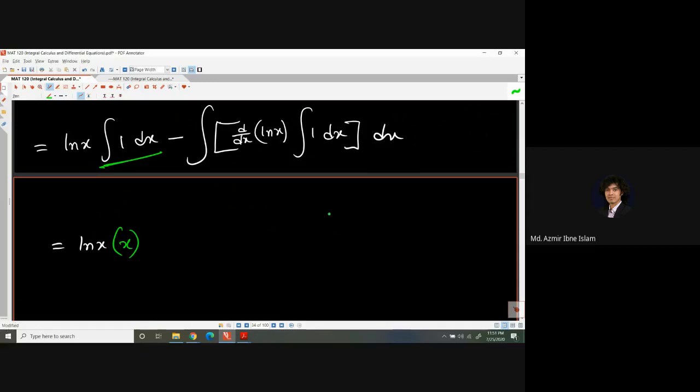That means the integration of 1 in terms of u will be u, the integration of 1 in terms of x will be x, the integration of 1 in terms of w will be w. So the variable doesn't matter, but remember, if we have the constant 1, it will be just that variable.